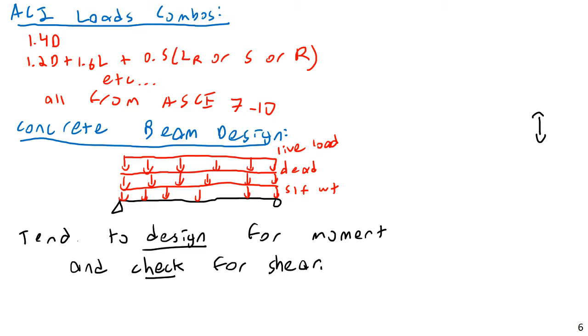It's an iterative process, and that kind of iterative process is quite tedious, especially if you're doing it by hand. So to minimize the number of iteration loops we have to do, we tend to iterate based on what is usually the most critical of our failure modes or design cases. And for beams, at least for concrete beams, what tends to control is moment.